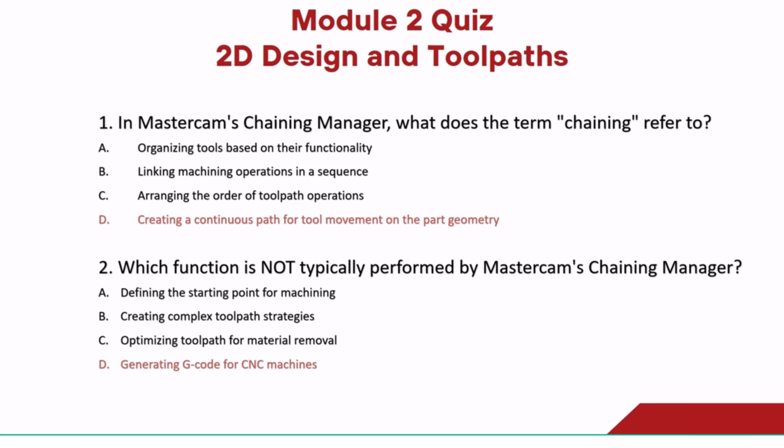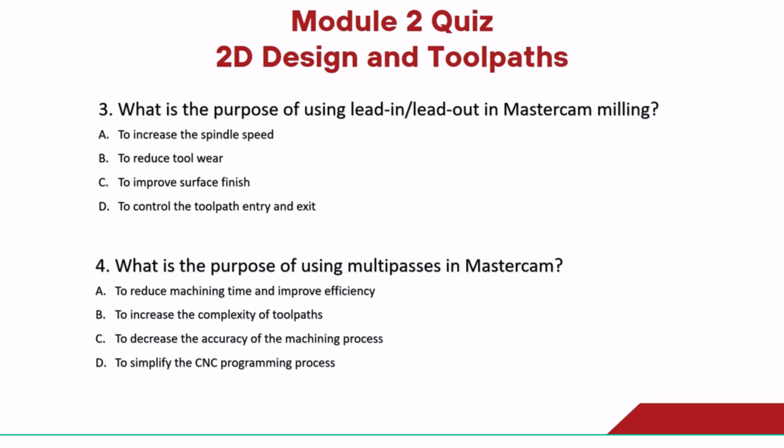So let's move towards another question. What is the purpose of using lead in and out in MasterCAM milling? Option A, to increase the spindle speed. Option B, to reduce tool wear. Option C, to improve surface finish. Option D, to control the toolpath entry and exit.